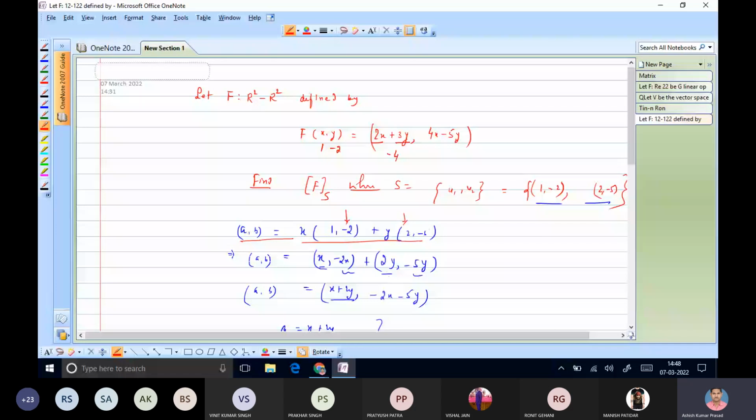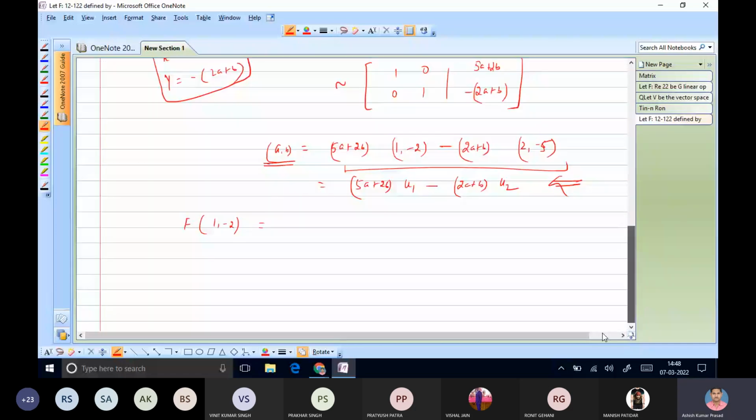So you have here -4, 14, right? You can write it column wise or row wise, it doesn't matter. So let's write row wise: -4, 14. And you have a equal to -4, b equal to 14.